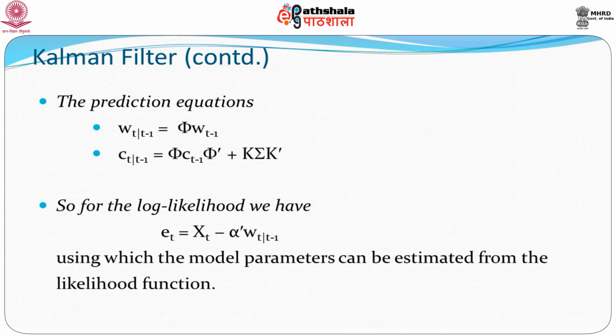Since the dispersion is not an identity matrix, we generally use the generalized least squares method, because you have a heteroscedastic sort of model with Ct given t minus 1, which you will have to take account of.